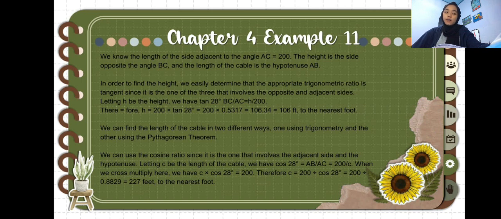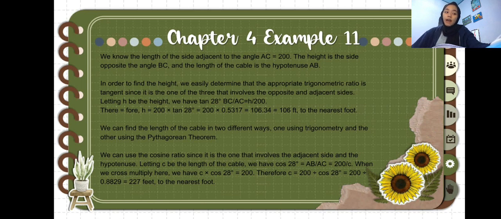So 200 times 0.5317 is 106.34. So it is 106 feet to the nearest foot.